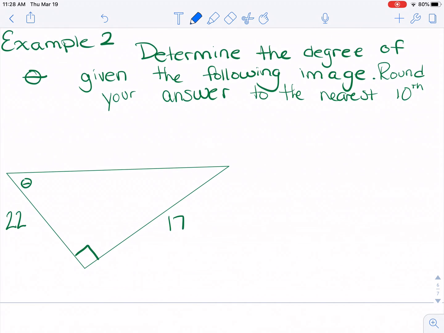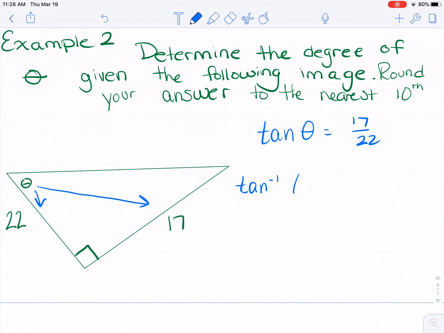Determine the degree of theta given the following image. Round your answer to the nearest tenth. In this problem, we know that the tangent of theta is going to be 17 over 22, since 17 is the opposite leg and 22 is the adjacent leg. If I apply the inverse tangent to 17 over 22, that should give me theta.